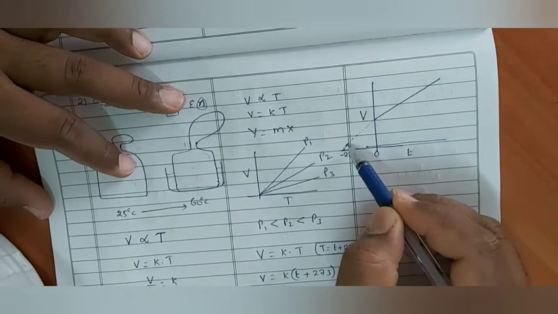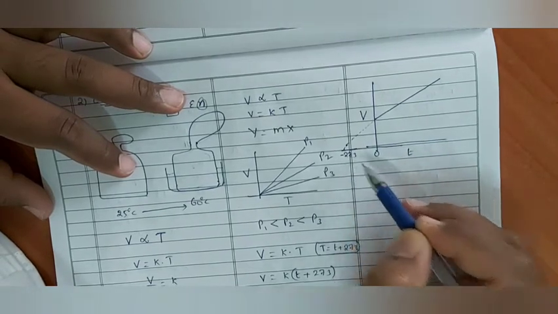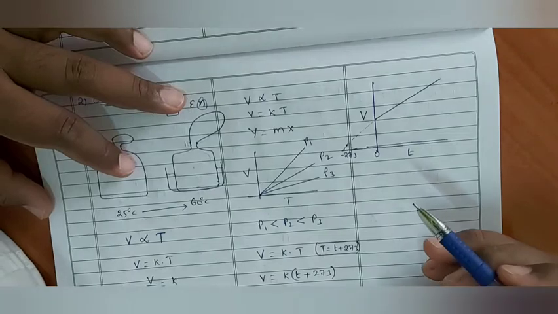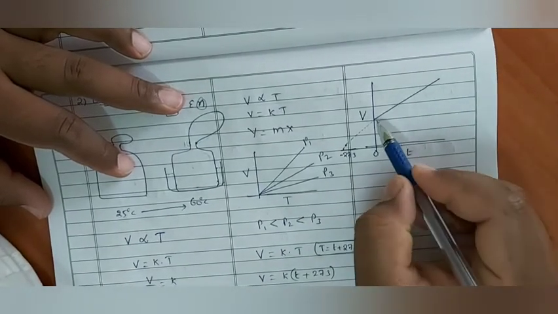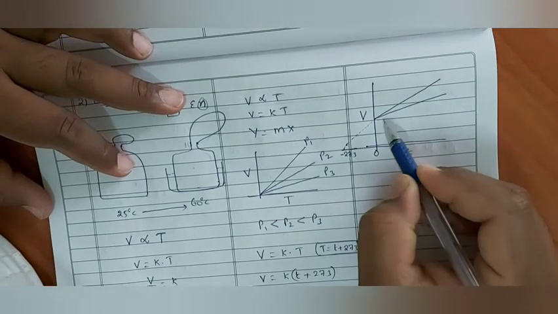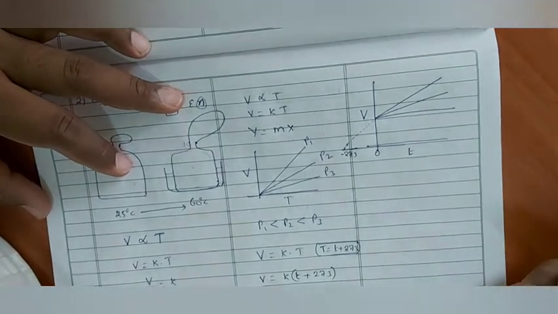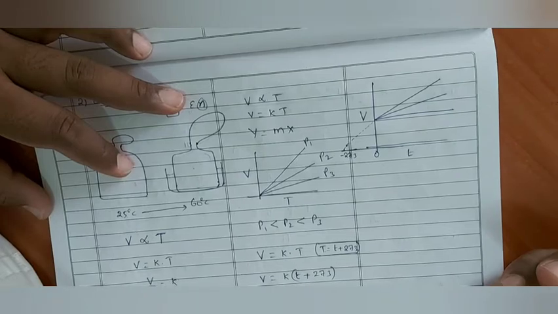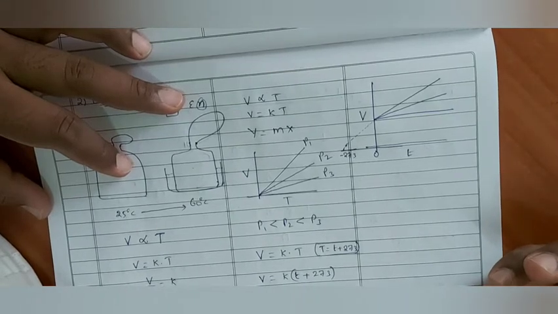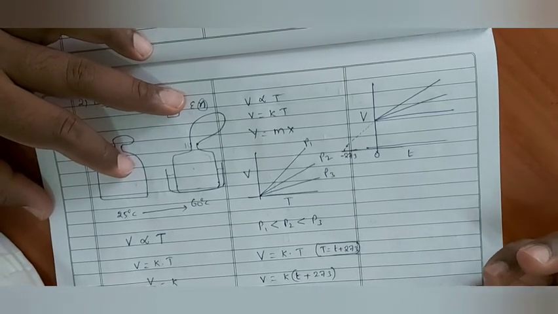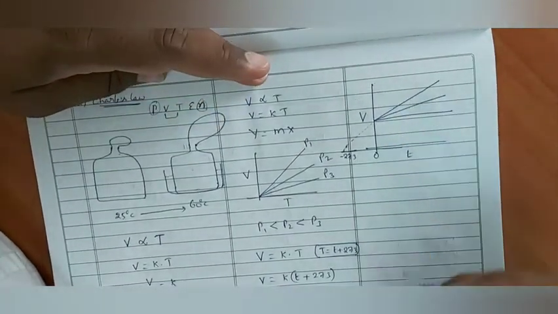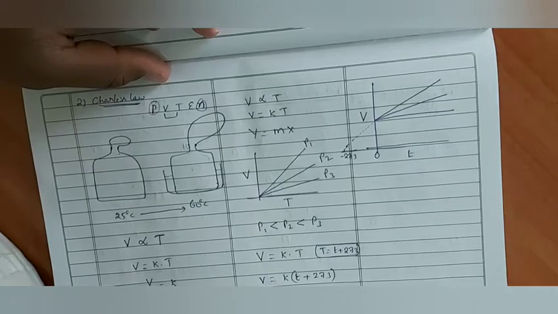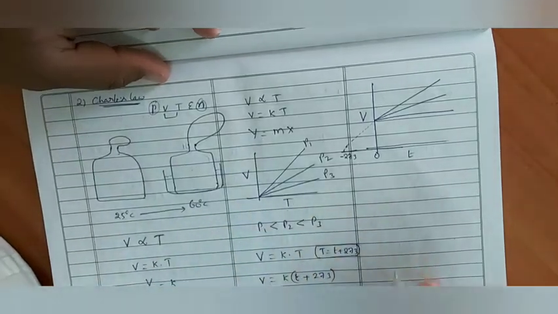It will meet the x-axis at minus 273. You can ask, sir, can we draw graphs like this from here also? Yes, definitely we can draw. This is about the relation between volume and capital T as well as volume and small t.